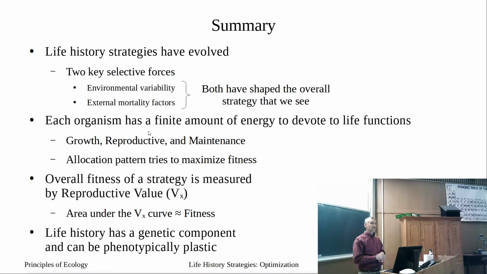How should we allocate our energy on our diaspores? And then the allocation pattern tries to maximize our fitness. Reproductive value serves as a proxy for fitness. So the more area under our VX curve that we have, the higher the fitness. Less area, we have lower fitness. Or at least our strategies would have lower fitness.